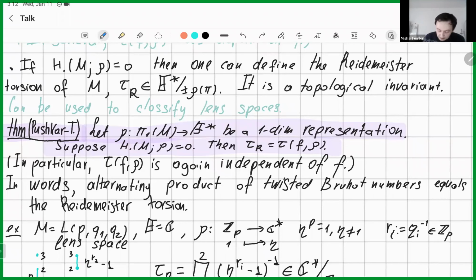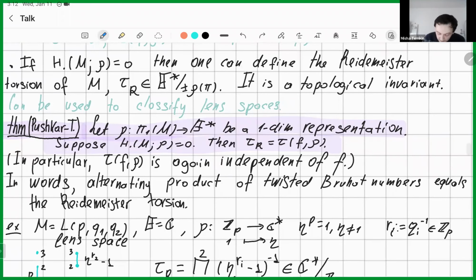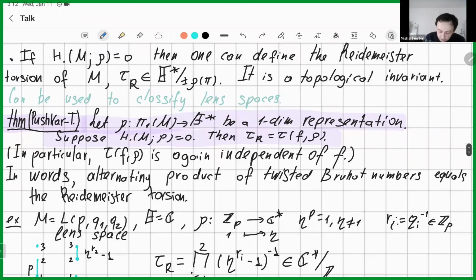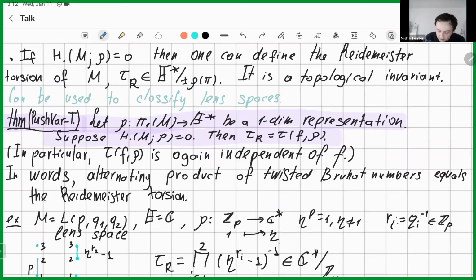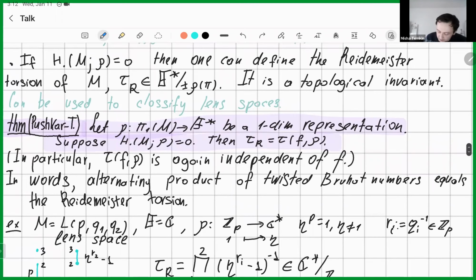It is the natural one: the generator in Zp goes to eta, where eta is the non-trivial primitive pth root of unity. That defines the homomorphism. Then the ri's are just the inverses of the qi's in Zp.